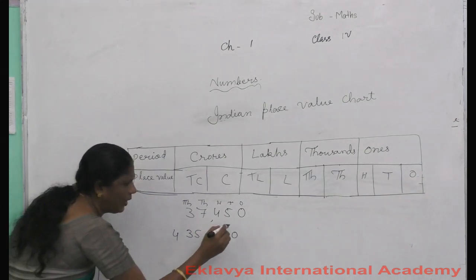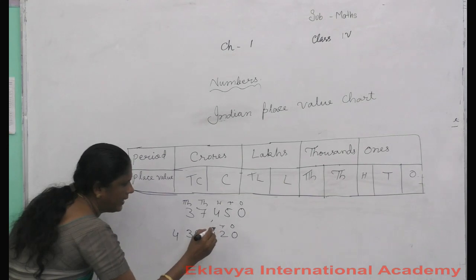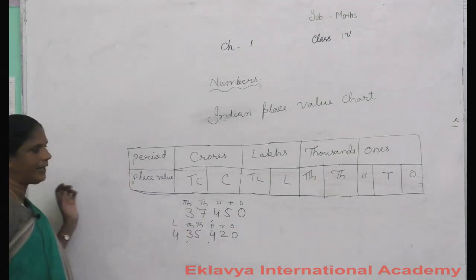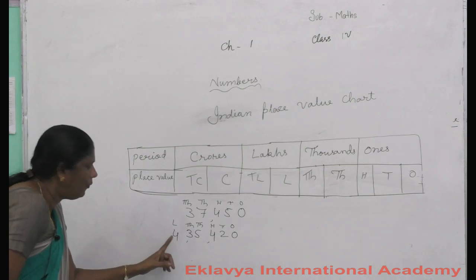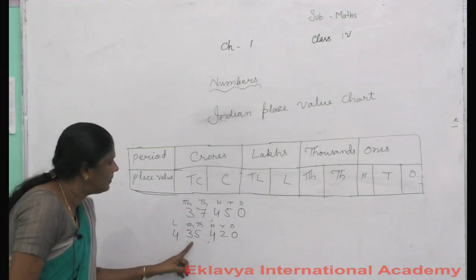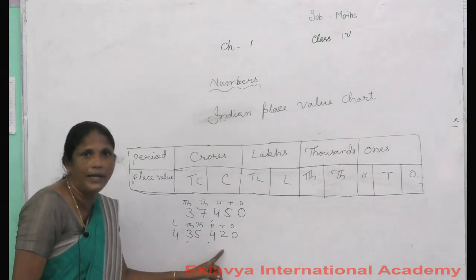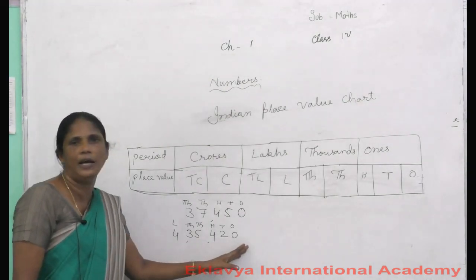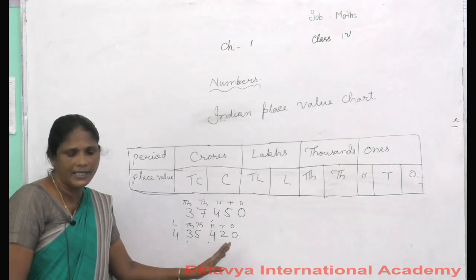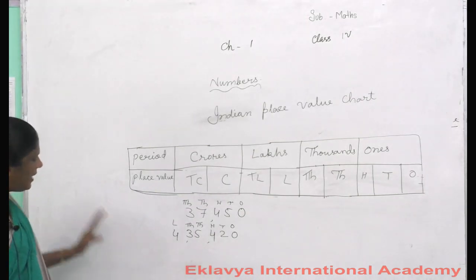Then another example, 4,35,420. Again you write ones, tens, hundreds, then put a comma, thousand, 10,000, put a comma, lakh. Then you read 4,35,420. Do you understand how to read and write the number? Understand? Yes or no? Yes.